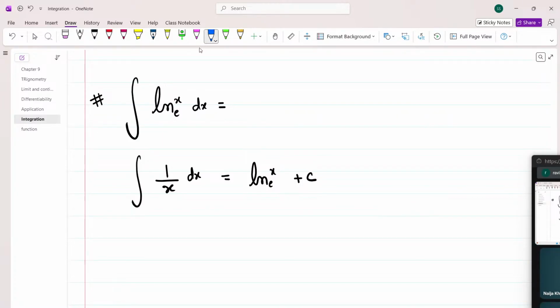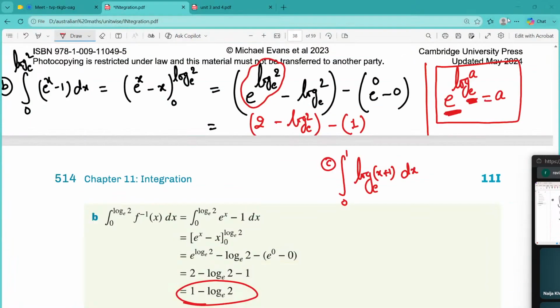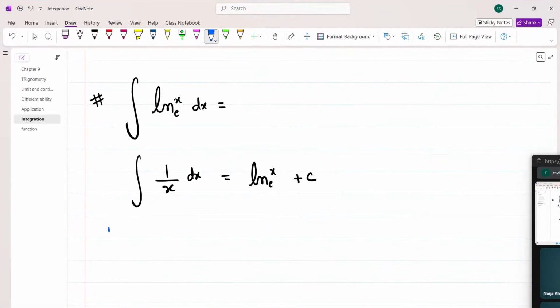I can give you this result also, but that will be a separate topic that is called integration by parts. So your question is not saying to apply that method because integration by parts we have not discussed. What is integration by parts? You should know at least this name.